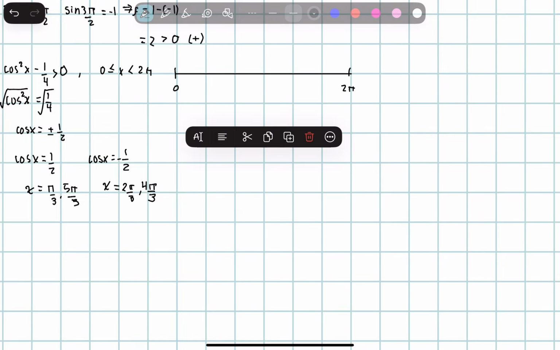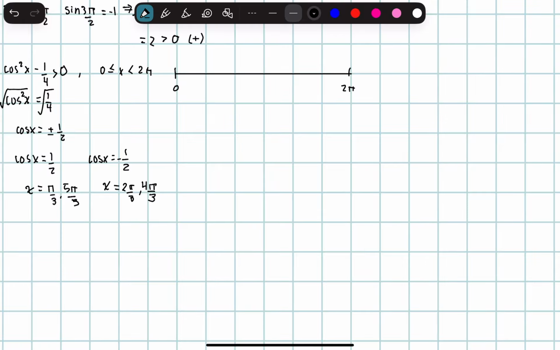Again, we can draw this up here. Now we have intervals of 0 to pi over 3, pi over 3 to 2 pi over 3, 2 pi over 3 to 4 pi over 3, 4 pi over 3 to 5 pi over 3, and 5 pi over 3 to 2 pi.